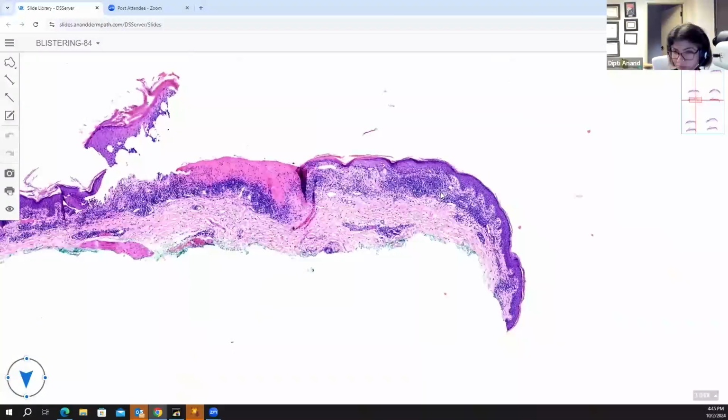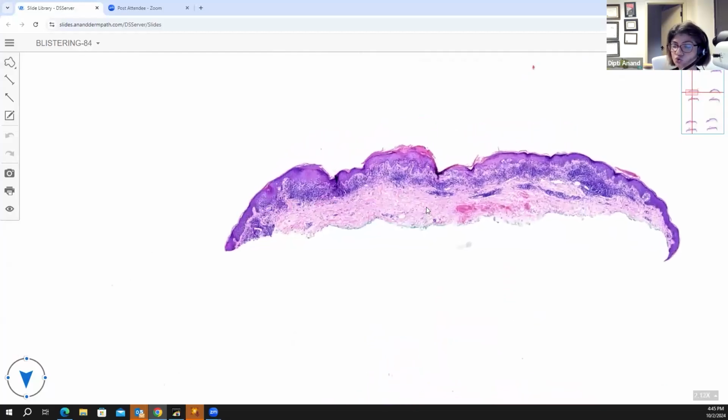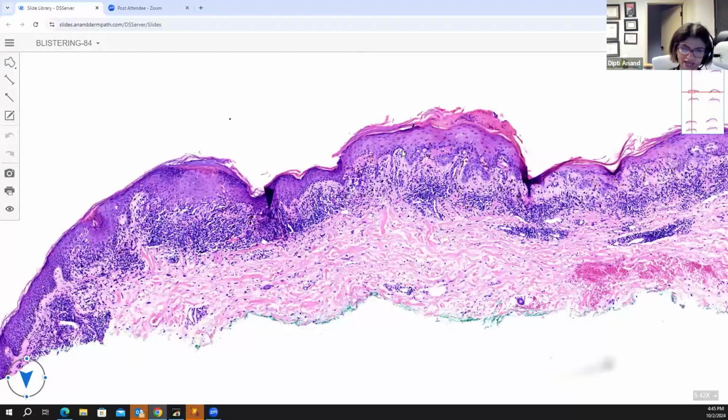Again, bullous LP is not the same as lichen planus pemphigoides. Lichen planus pemphigoides is a true overlapping entity where patients have lesions of LP and they have bullous pemphigoid. This is just secondary subepidermal vesiculation in lichen planus, so it's not a true immunoblistering disease, whereas lichen planus pemphigoides is.